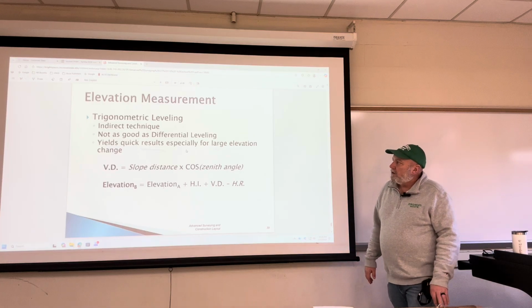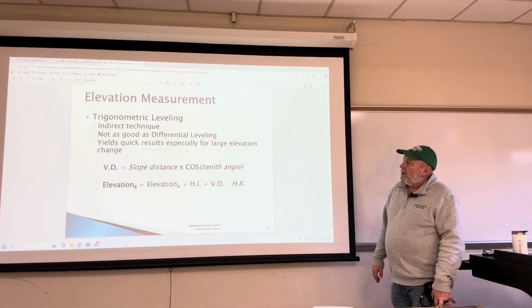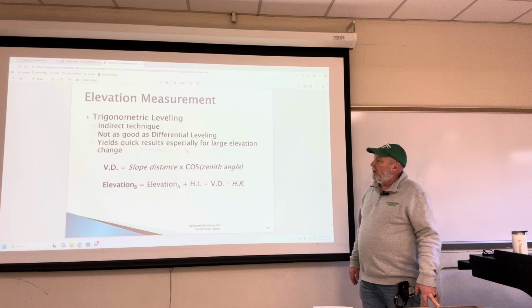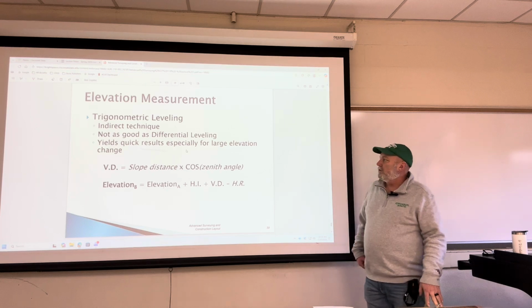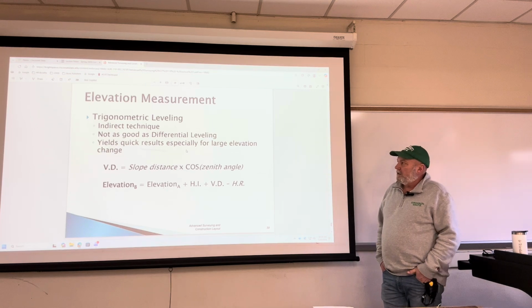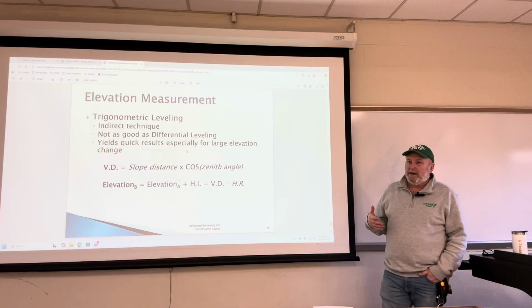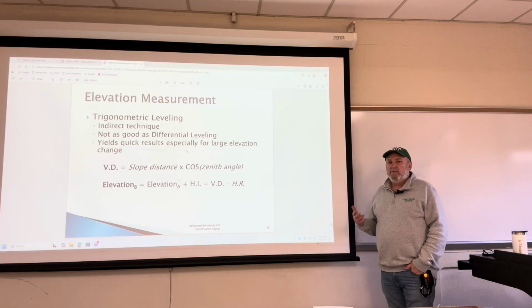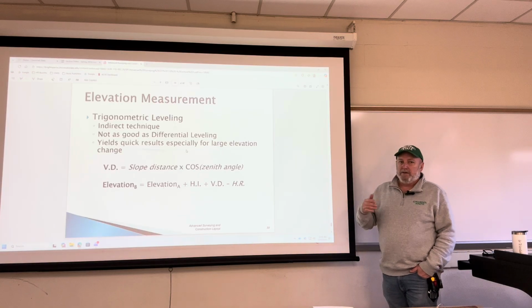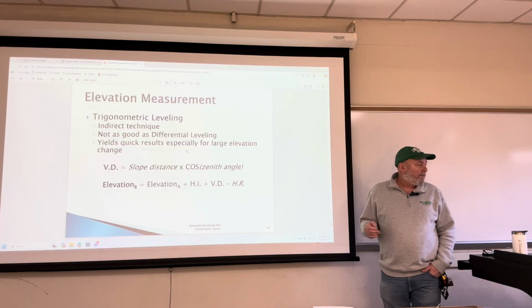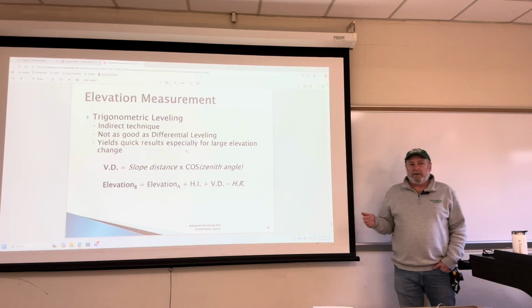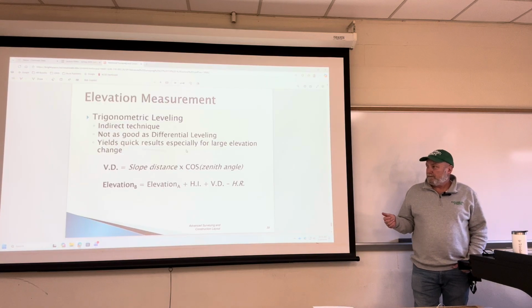With trigonometric leveling, not as good as differential, it yields quick results, especially for large elevation changes. Again, it would really depend on what kind of project you're working on: if you need to run an actual level loop, or if you can get away with shooting elevations with your instruments.